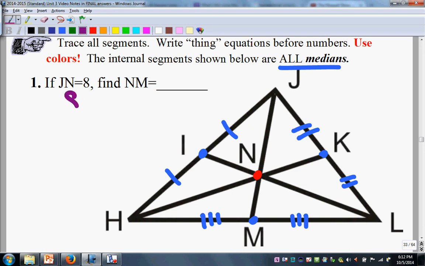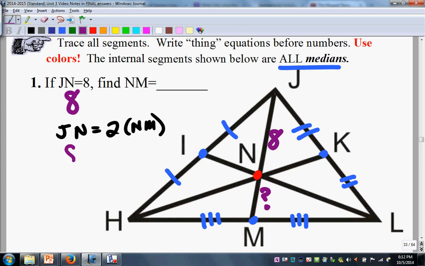And if J to N is 8, we want to find N to M. We're going to do a thing first equation, which is simply this: the fact that J to N has to be 2 of N to M. So if 8 equals 2 times NM, if I want to find NM, I simply divide by 2, and of course, this is 4.